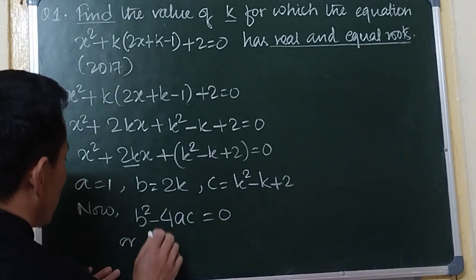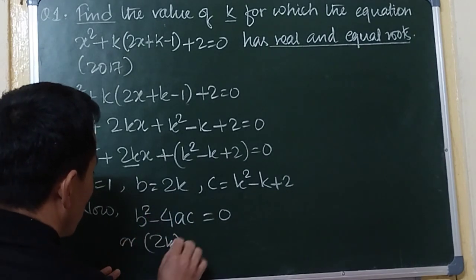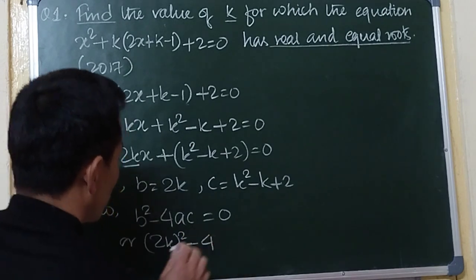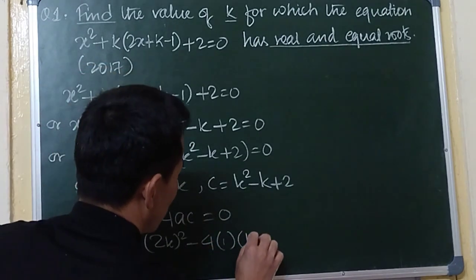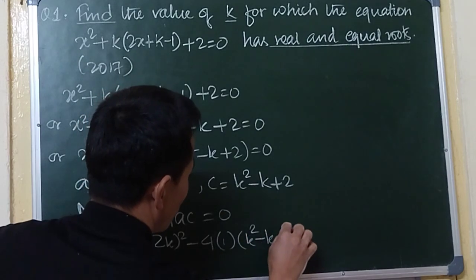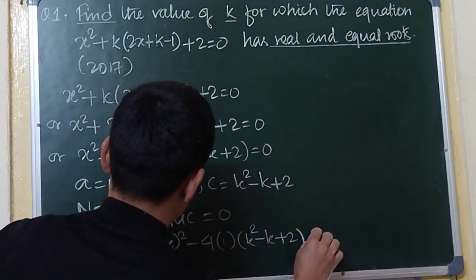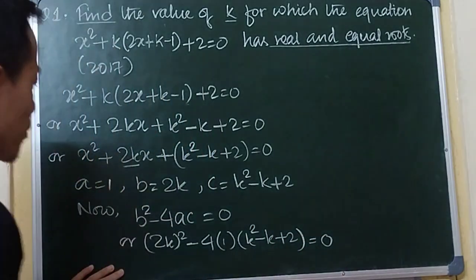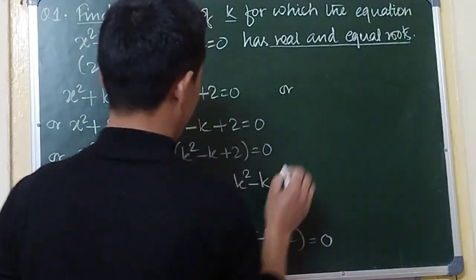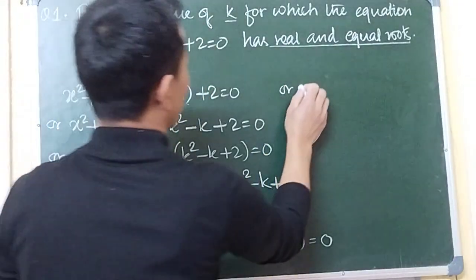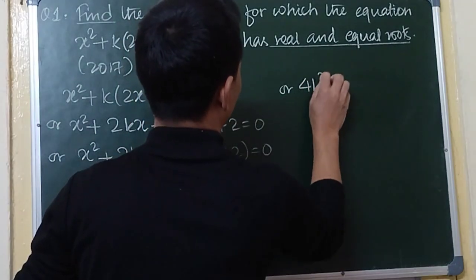So b is your 2k. So 2k whole square minus 4, the value of a is 1 and the value of c is k square minus k plus 2, and this is equal to 0. So let's simplify this equation further. 2k whole square is 4k square.